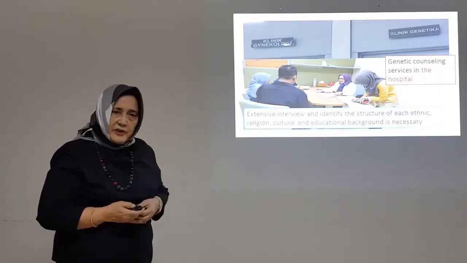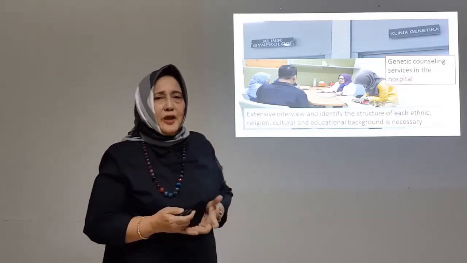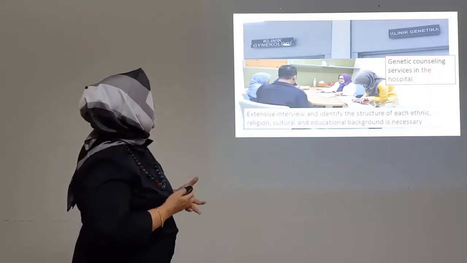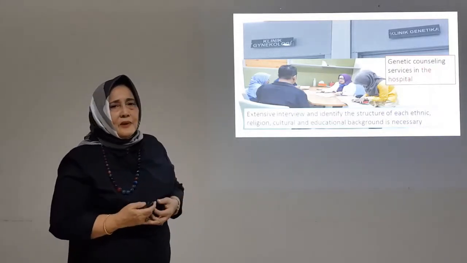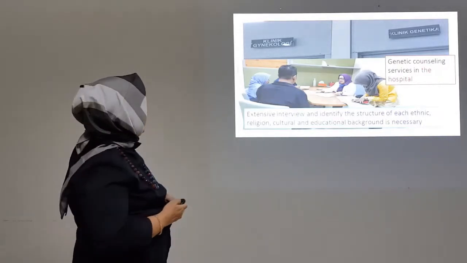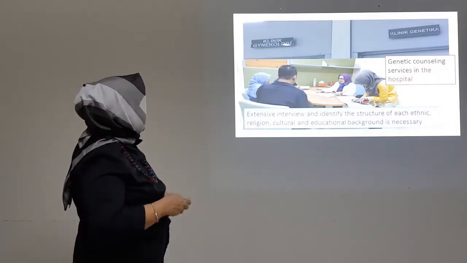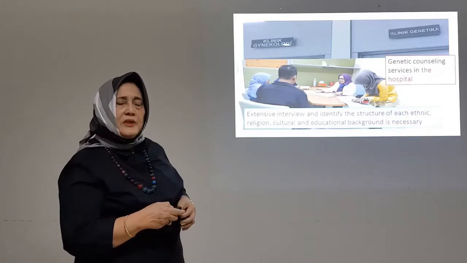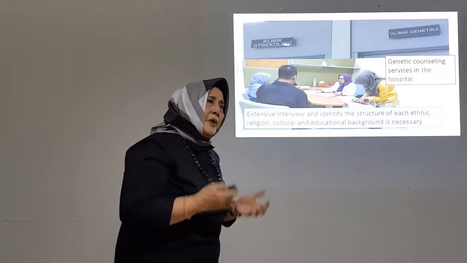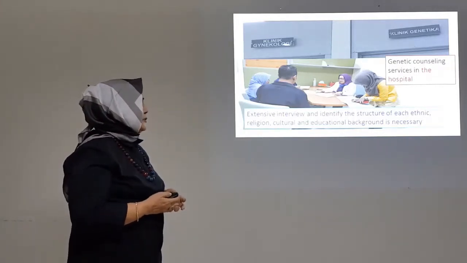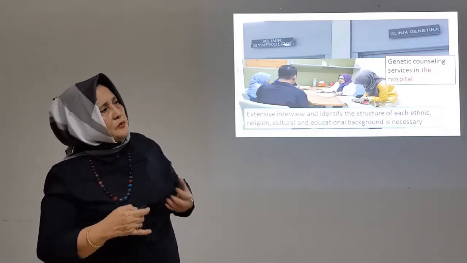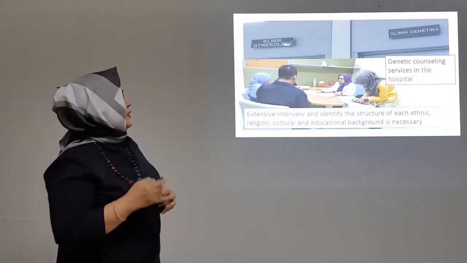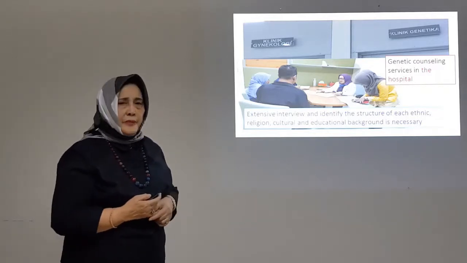And also religion, like in Indonesia we have five different religions, so they may have different perceptions in accepting our information about the bad news. And also culture, and also educational background. Maybe it's easier to talk with a patient with a high educational background, but it's more difficult to explain to a patient with a low educational background.